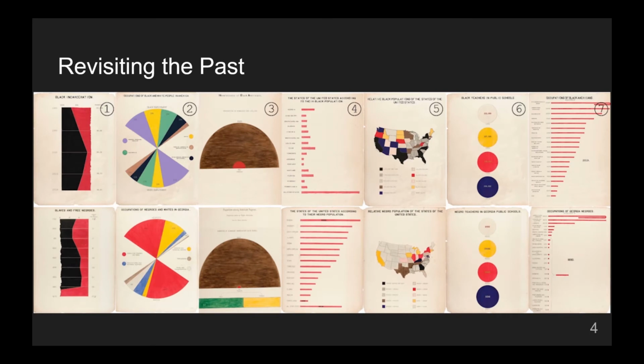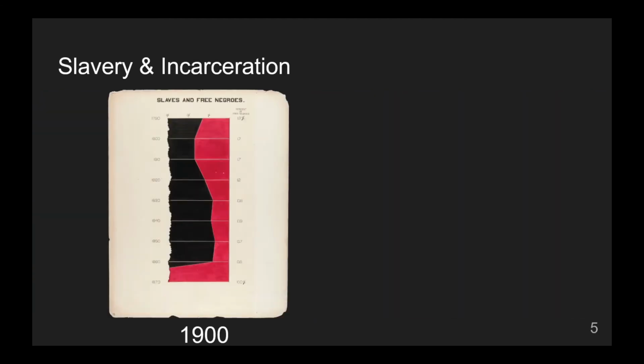The first one is a chart on the percentage of black people in America who were free from slavery, leading up to the legal abolition of slavery. The chart spans from 1790 to 1870. It's an area chart where the red area represents black people who are free, and we can see that the 2% mark here is marked as a dashed line for reference.